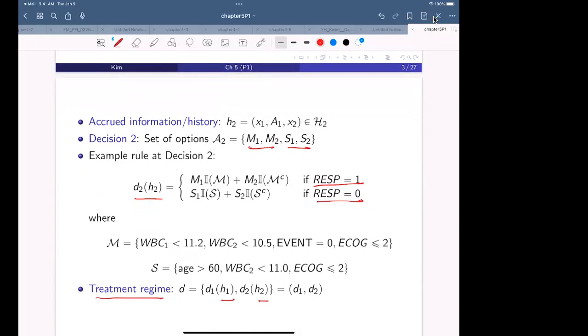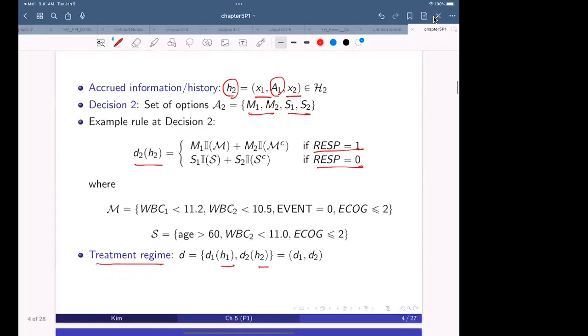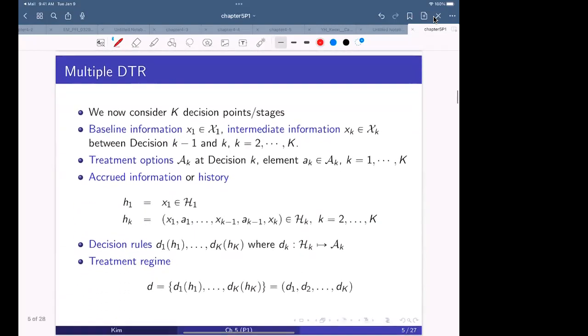Now I'm going to introduce another notation, H. H is the history at time K. That includes the auxiliary variable as well as the previous decision, the option that has been taken. So that is the idea.